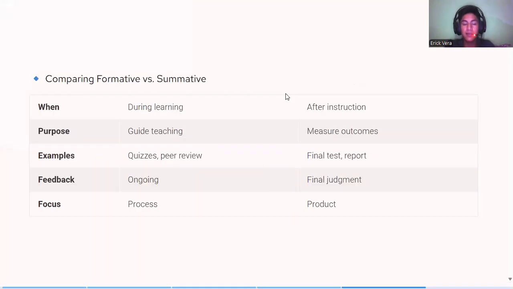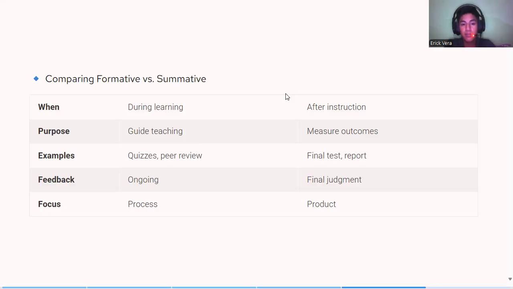Here in this chart is more explaining about the two differences between the formative and summative. Well, when does the formative happen? During the learning process. The summative happens at the end of the instruction. The purpose of formative is to guide the teaching and the other is to measure the outcome, that is the purpose of the summative.